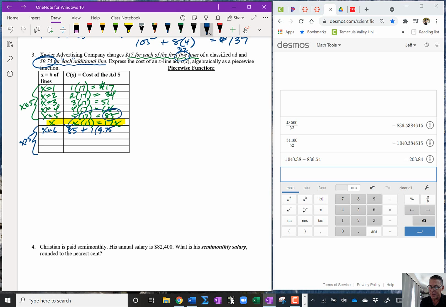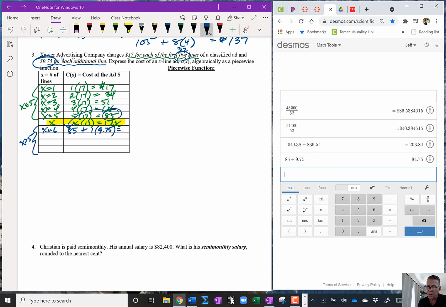So you pay $85 plus another $9.75. 85 and 9 is 94, so it's $94.75. If you want to use your calculator, just add 1 additional line cost of $9.75. Like I said, it's $94.75.